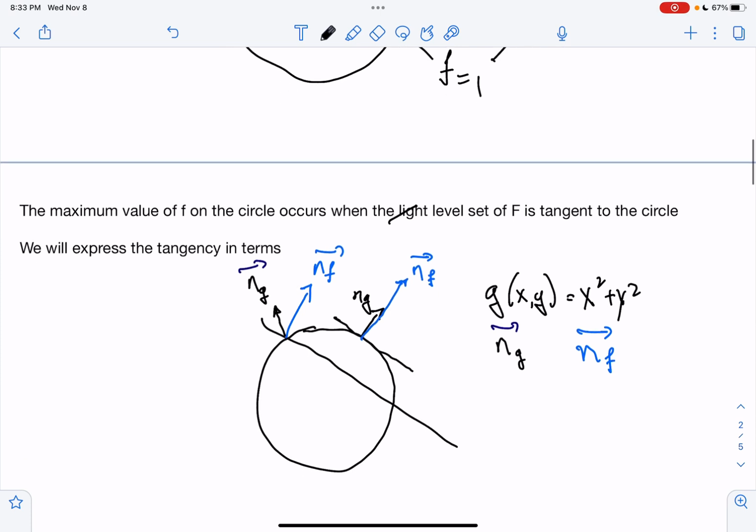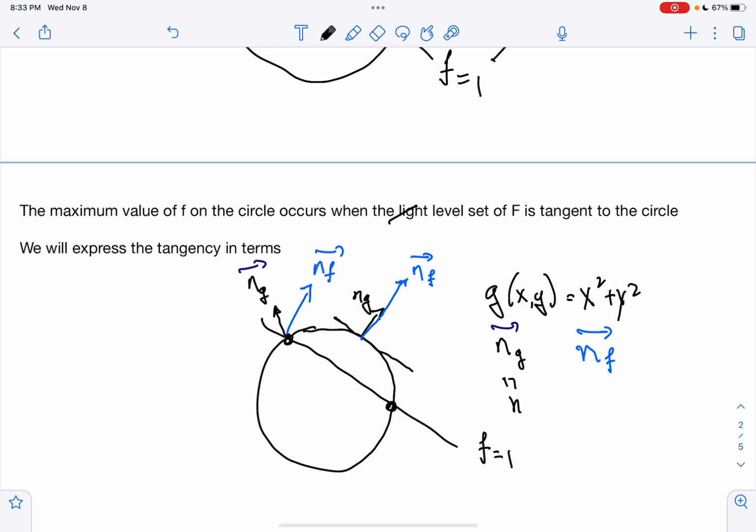We're going to turn the problem around a little bit, and instead of looking at tangency, we're going to look at the normal vectors. So in this picture, first we have a line going through the circle. This could be the f equal 1 level set, for example, which intersects the circle twice. At this point on the side, I've drawn the perpendicular or the normal.